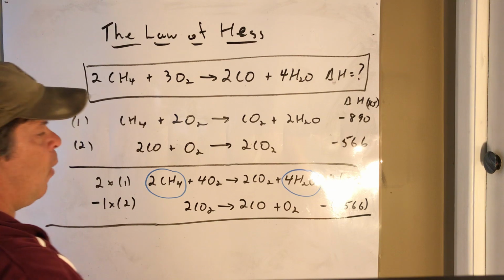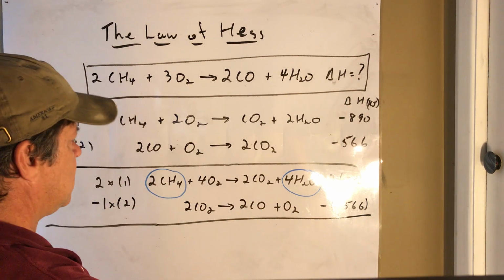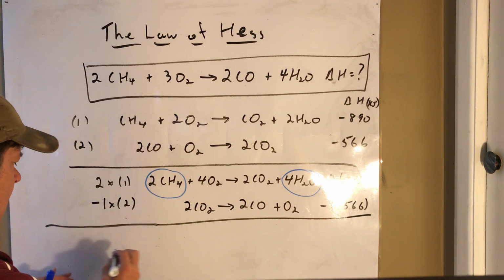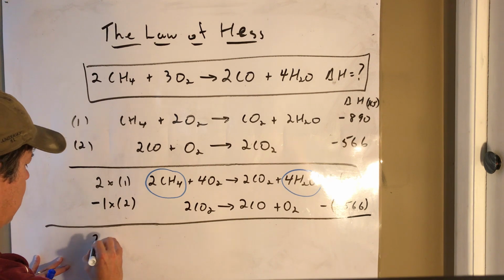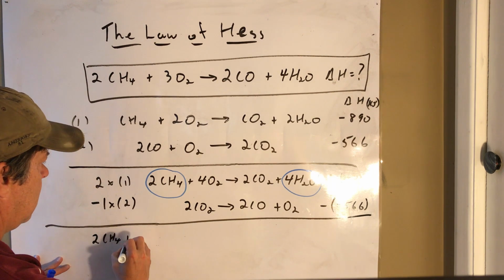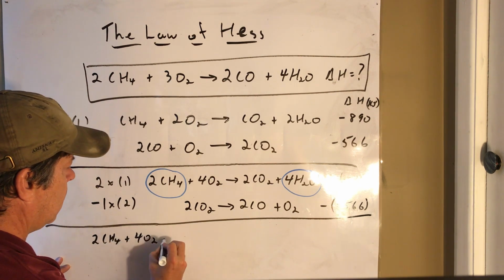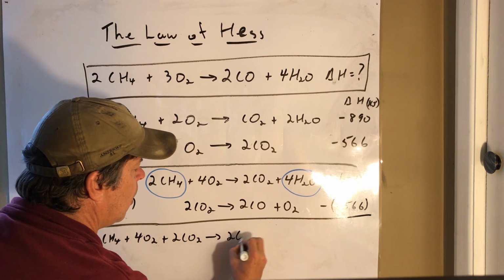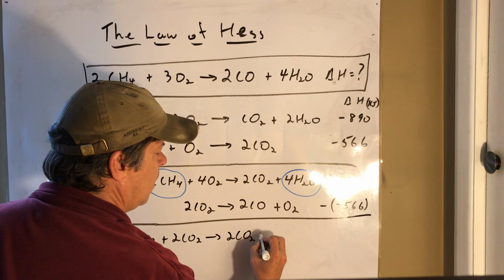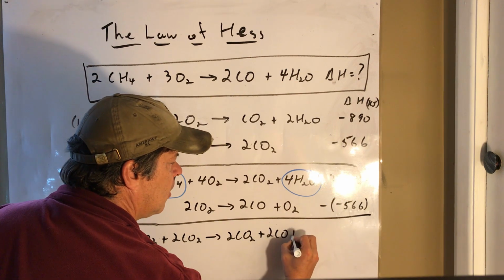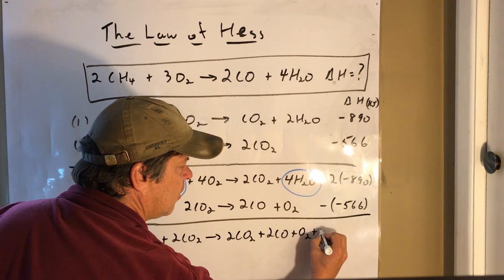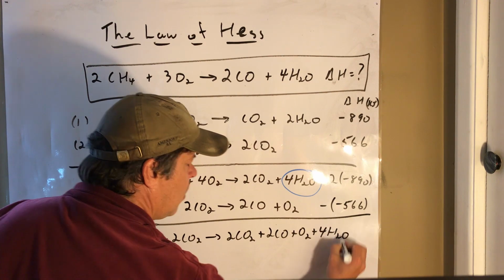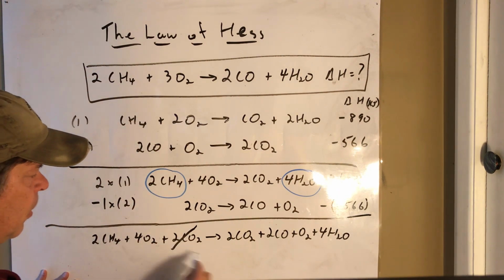So now what we can do is add these up, and we'll get 2 methanes plus 4 waters plus 2 carbon dioxides yields 2 carbon dioxides. Oh, interesting. Plus 2 carbon monoxides plus an oxygen plus 4 H2O. And you notice those cancel out.